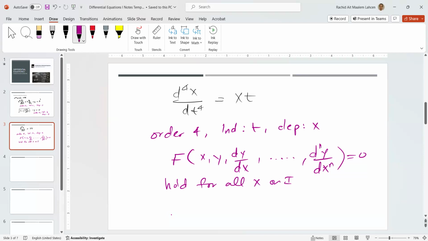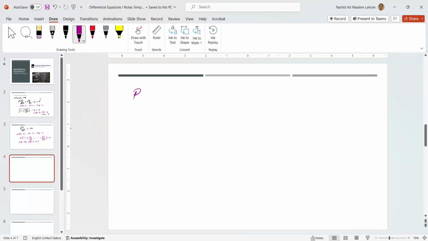We can of course rewrite this, and one of the goals in the course is to rewrite the highest order derivative as some function of x, y, and the derivatives that are left there.